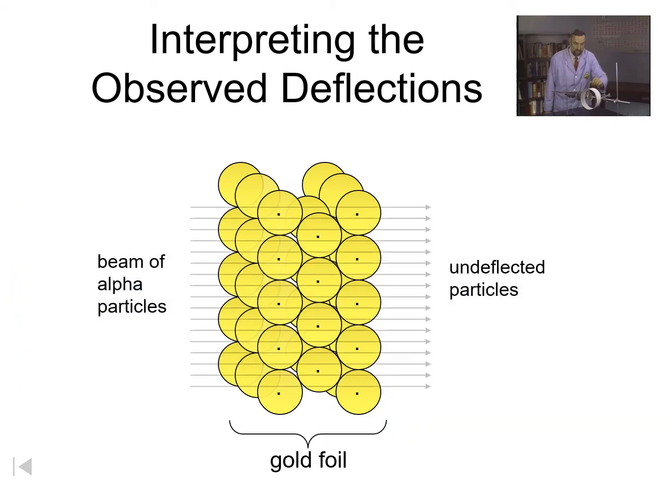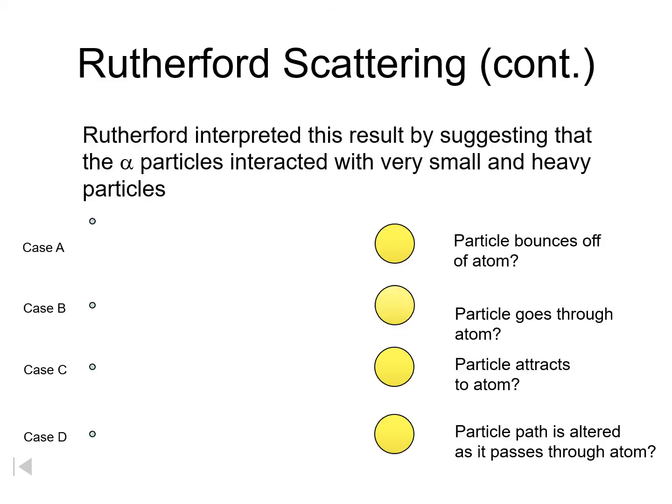So if we can show here what would happen with undeflected particles, and where they're deflected. These dots here in the atom represent a small positive nucleus. So there's a small, heavy, positive particle.